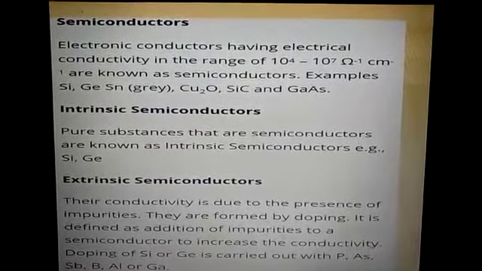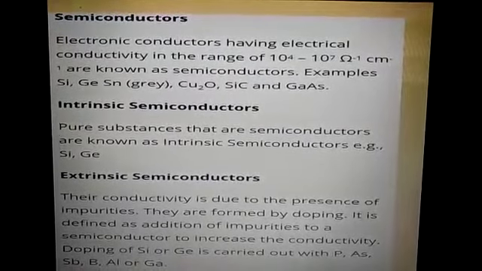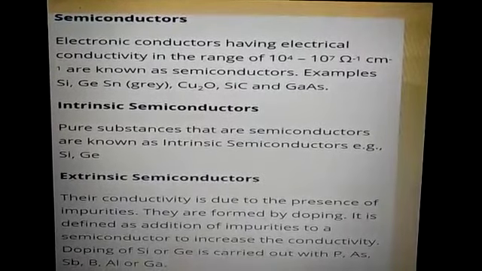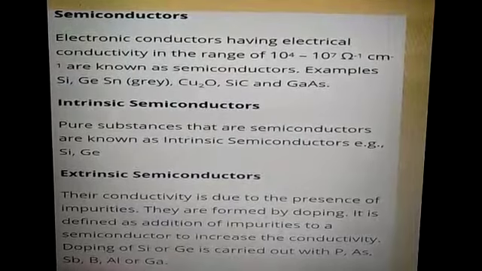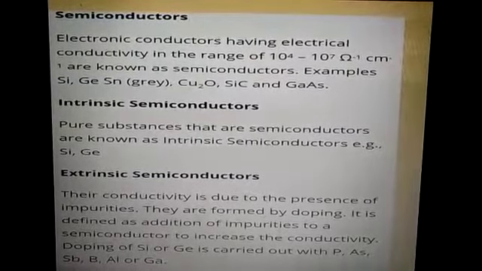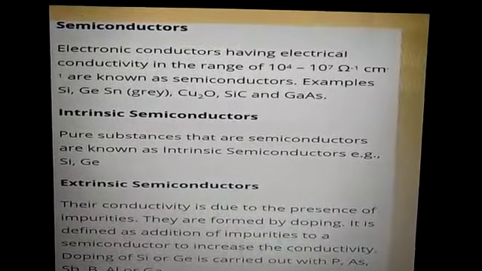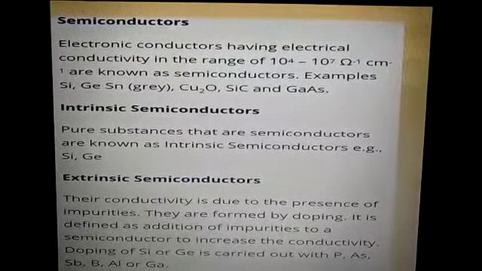Now the application of N-type, P-type semiconductors. First application is a diode, which is a combination of P and N type semiconductor, which is used as a rectifier. The solar cell is a photodiode used for the conversion of light energy into electrical energy.